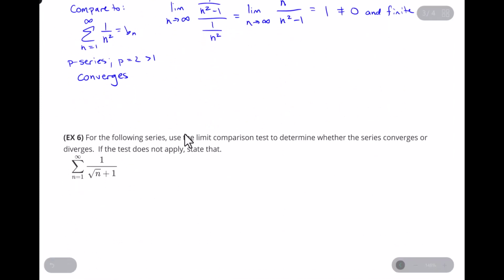All right, so our next example, we have a series n equals 1 to infinity of 1 over the square root of n plus 1. That looks very similar to a p-series.